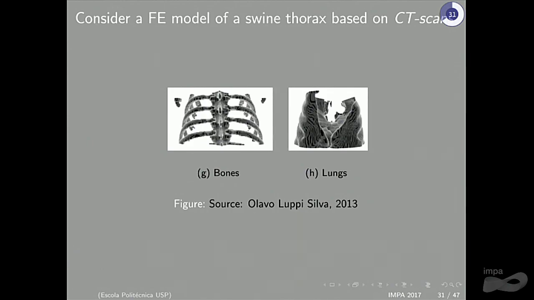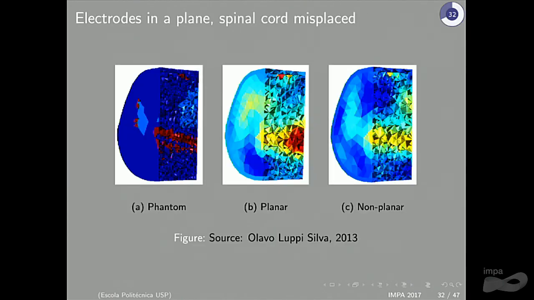In a more realistic situation, if we use this rib cage and this lung tissue in a numerical phantom, in red you can see the bones, and so this is the sternum, and here the rib cage, and here the spinal column.